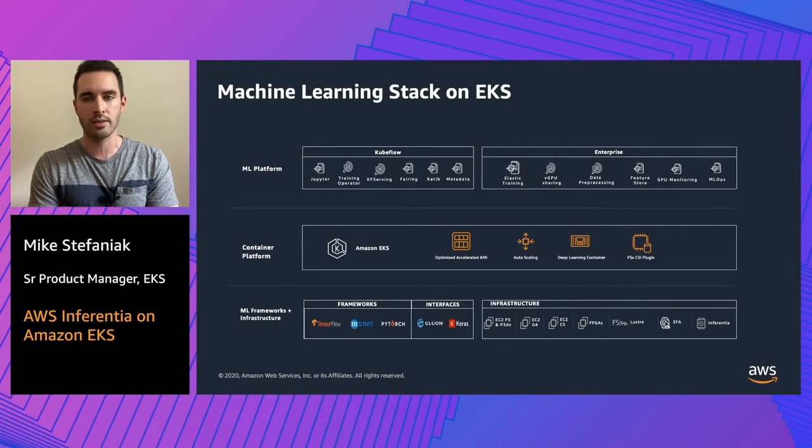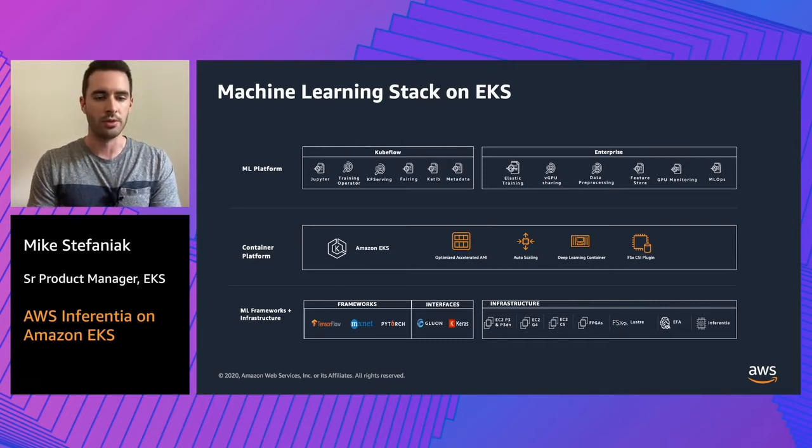And then when you look at EKS, we see the machine learning stack in three different layers. At the bottom are the frameworks and the infrastructure. So you have your popular frameworks like TensorFlow, MXNet and PyTorch, and then you have your infrastructure like the P3 instances for training, G4 instances, FSx for Lustre for distributed storage, and then today we're going to talk about Inferentia, which is our new custom-built EC2 instance for inferencing.